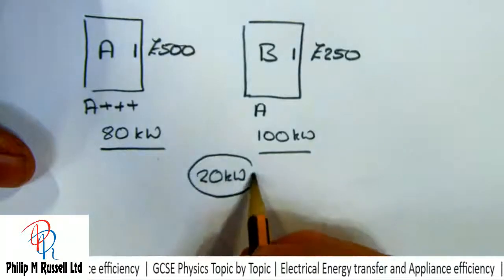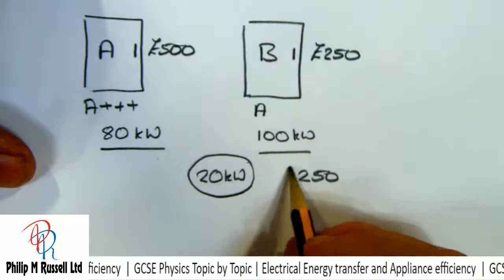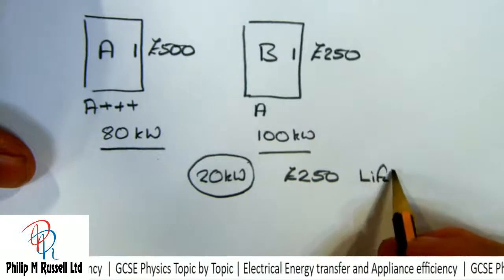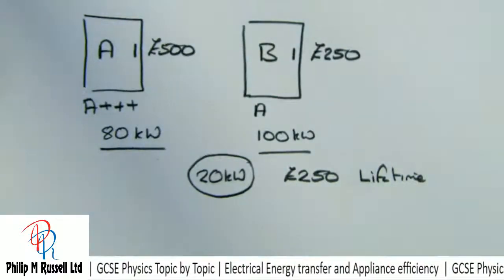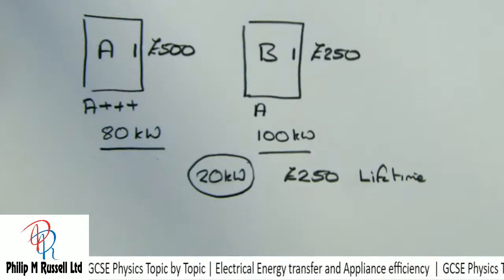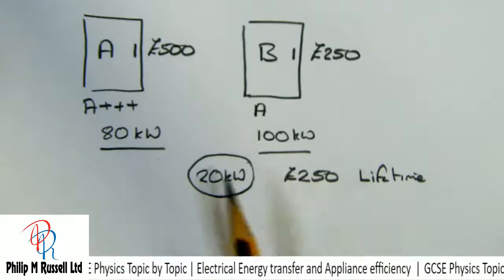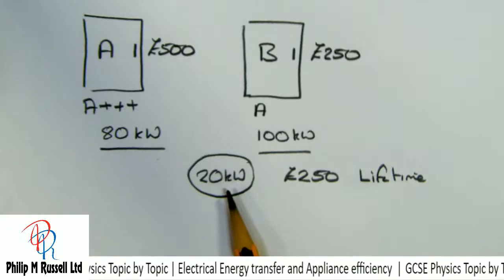But if I suppose this costs £500 and this one costs £250, then I've got to save £250 over the lifetime of this refrigerator to see that it's worthwhile. So, how much does 20 kilowatt hours cost?